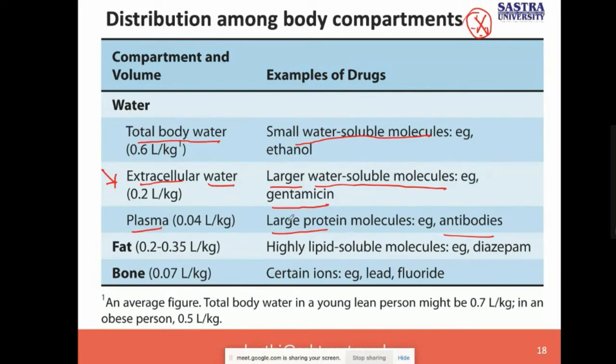If it is a highly lipid soluble molecule like diazepam, the fat tissues will absorb those molecules. And certain ions, like fluoride, will be absorbed or deposited in the bone.